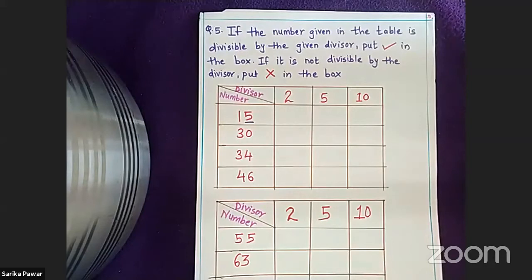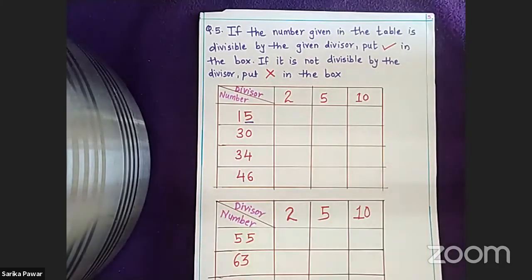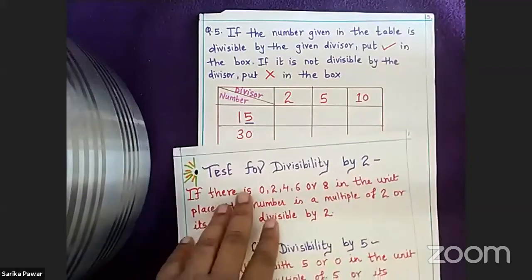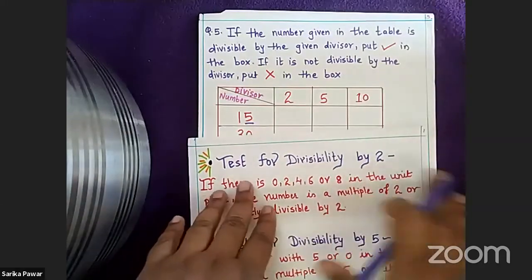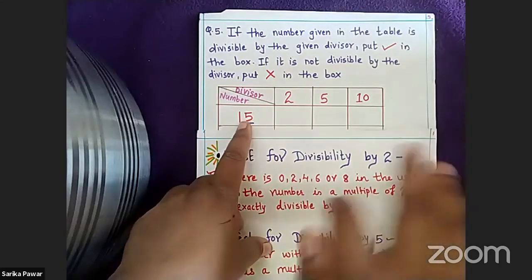Now, if the unit place number is 5, then that number comes under the test for divisibility by 5, right? Yes. See here, I am telling you number 15. The unit place is 5.